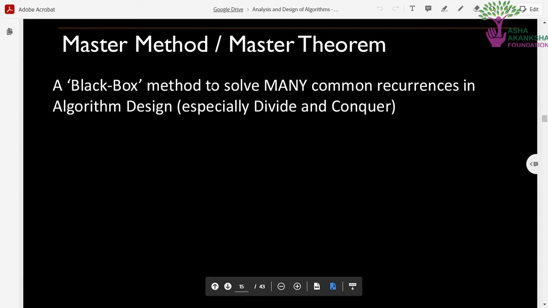In the most basic sense, the Master's theorem is a formula, a function in which we can put values of certain variables and get the time complexity. So I will be introducing the formula for the Master's theorem now.